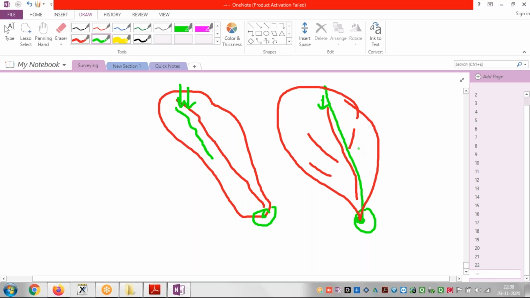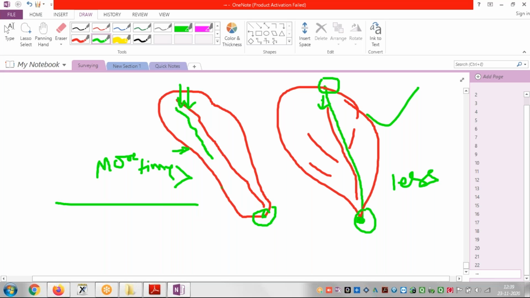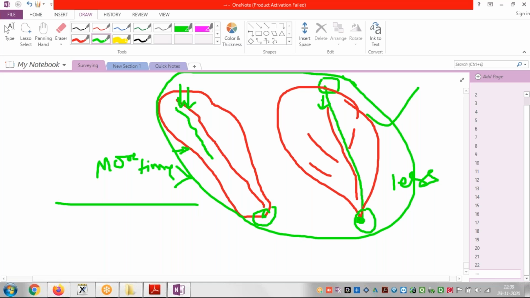So the time for a water particle to travel from one point to another will be very less in this shape. But in the long shape, this time will be more. It will take more time. So this shape affects the runoff.